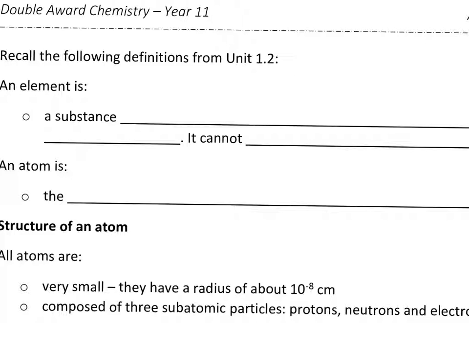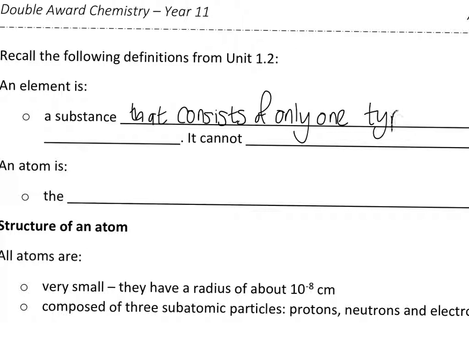In the last topic, we said that an element is a substance that consists of only one type of atom.